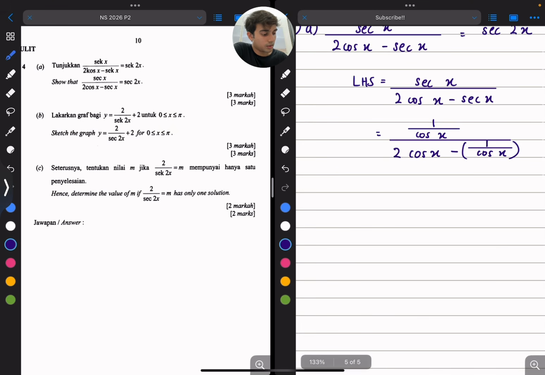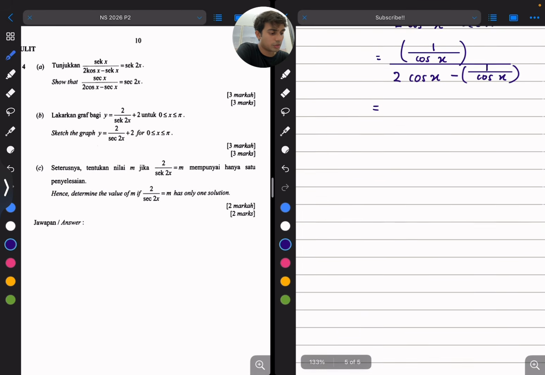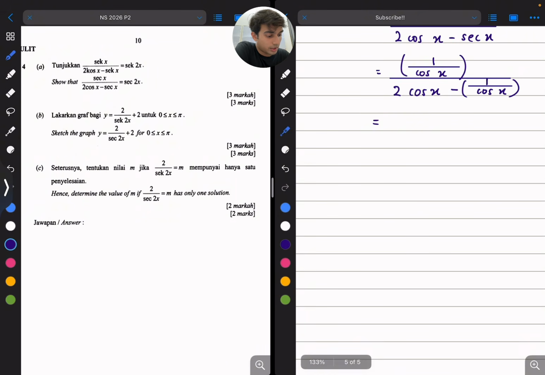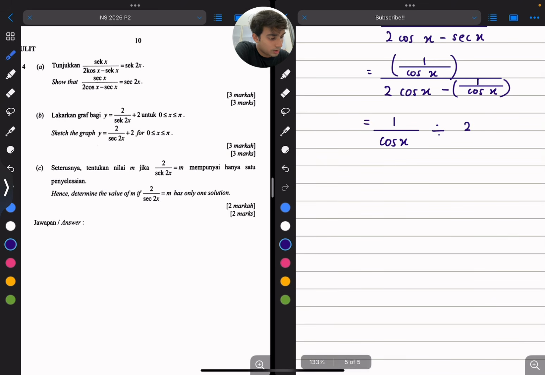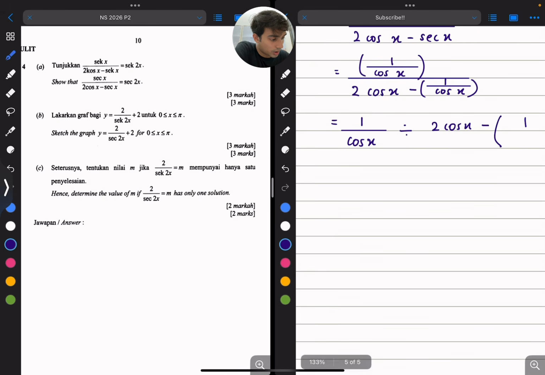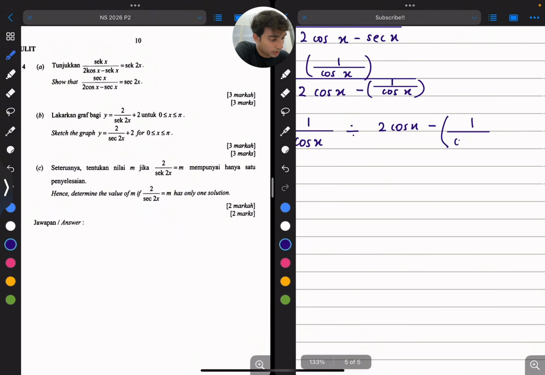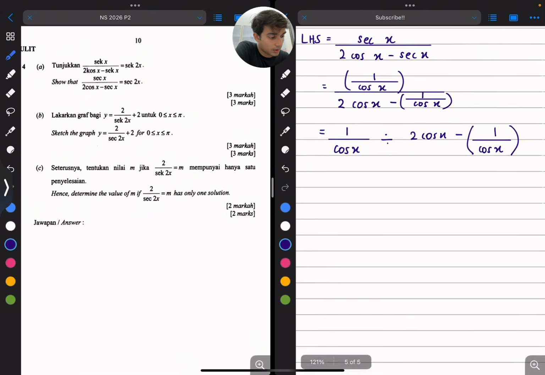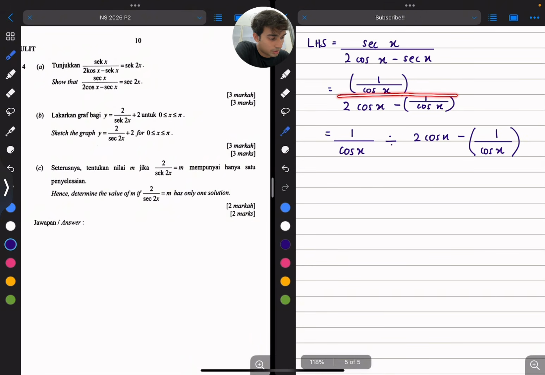Okay. So now we have fractions in fractions, so we have to simplify them. So this fraction divided by this whole thing, right? So I'm just going to write it like this: 1 over cos x divided by (2 cos x minus 1 over cos x). Basically I just wrote it like this so that it's easier to solve.